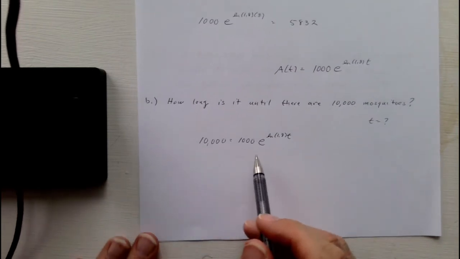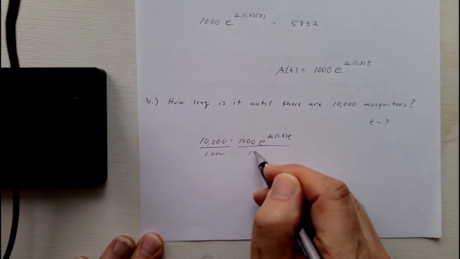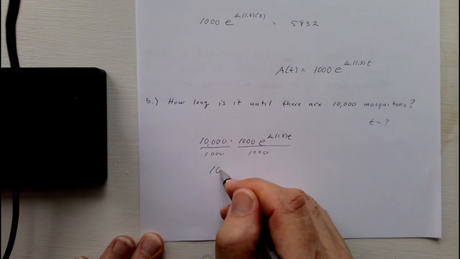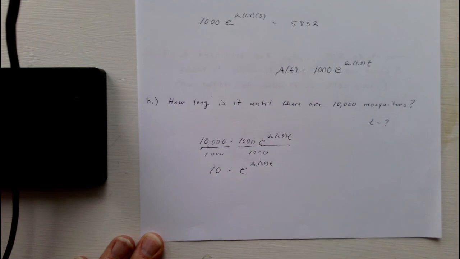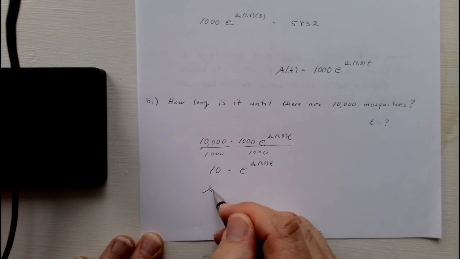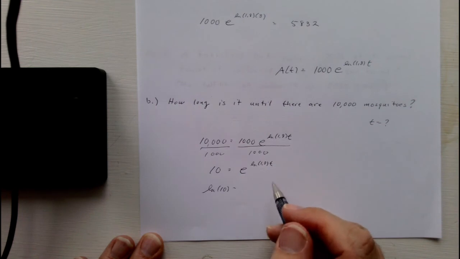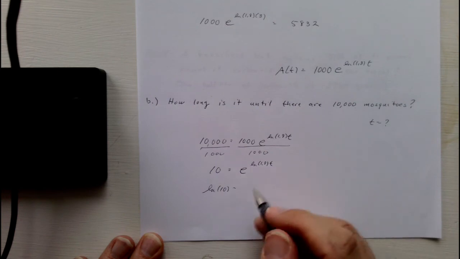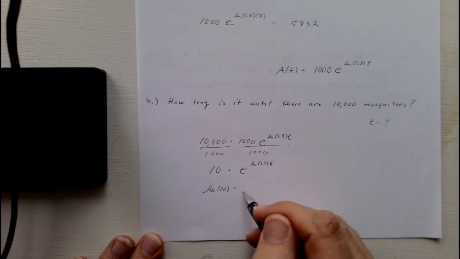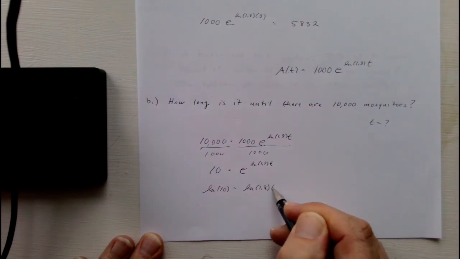Okay, now we divide by 1,000. And we get 10 on the left-hand side equals e to the natural log of 1.8 times t. And we can take the natural log of both sides, so we have the natural log of 10. The ln and the e will cancel out, and we can see that this is going to be the log of 1.8 times t.